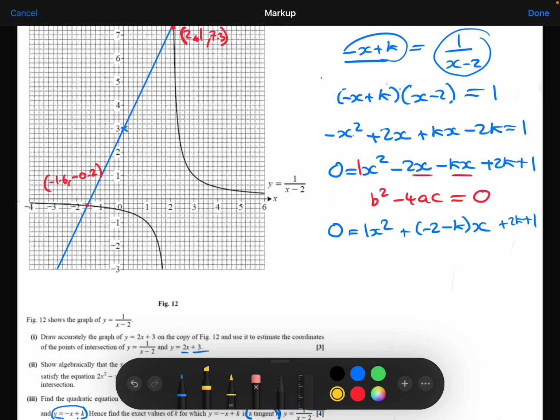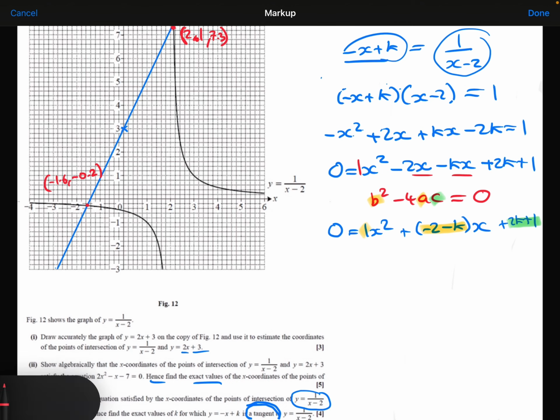So just to check, I've got my minus 2 times x, I've got my minus k times x. But crucially now I can see that my b is minus 2 minus k. My a is the 1, and the c is the 2k plus 1.